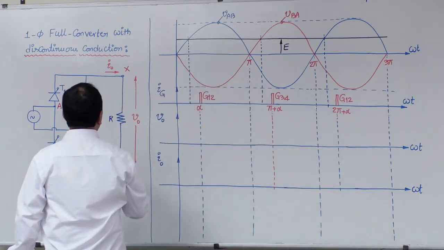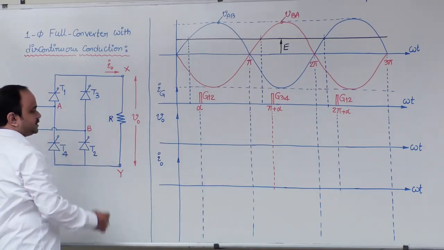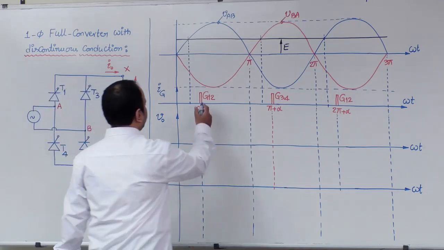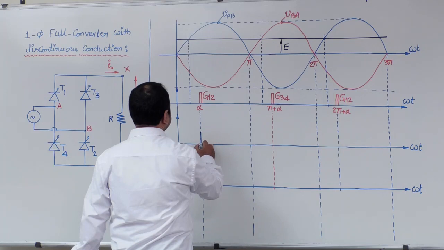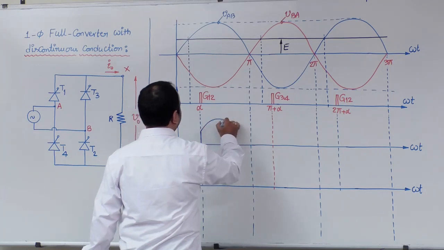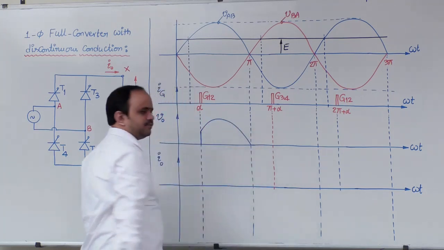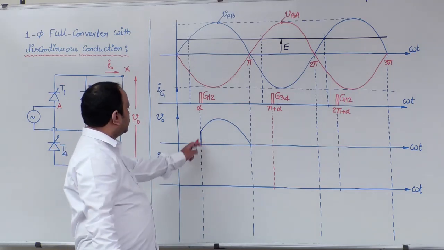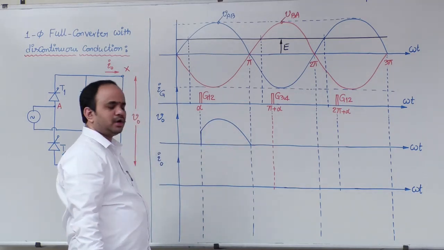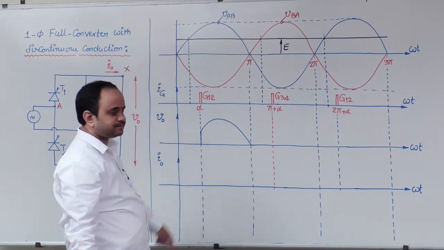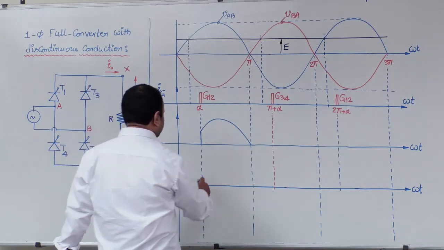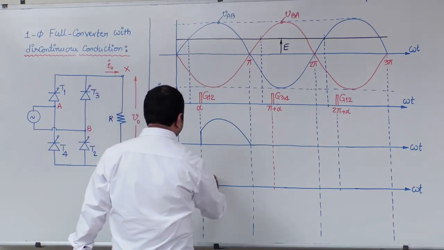Therefore, when the T1 T2 pair is triggered at alpha, the output voltage will just follow the VAB waveform. In case of resistive load, what is our discussion?